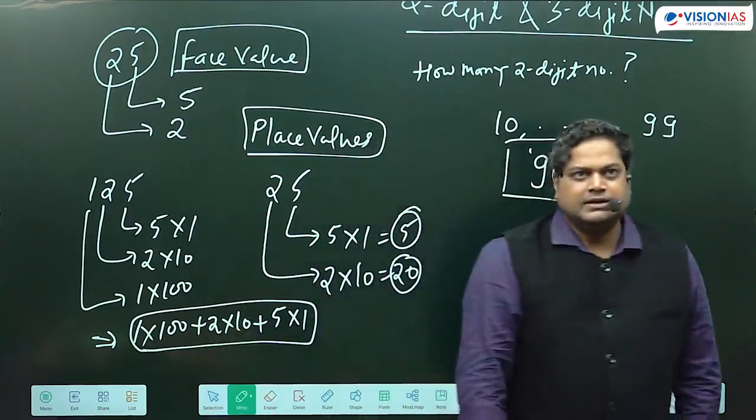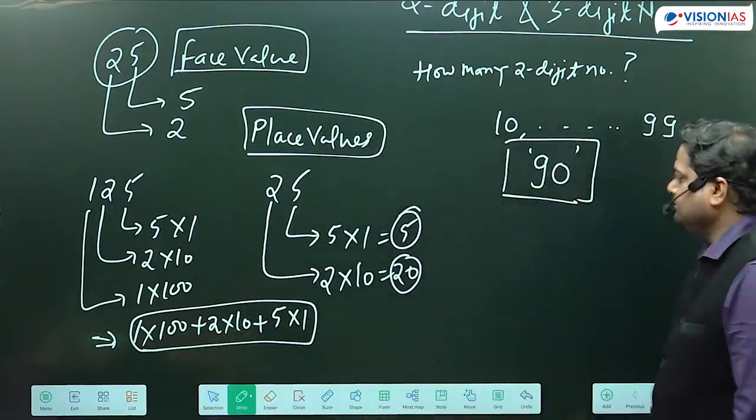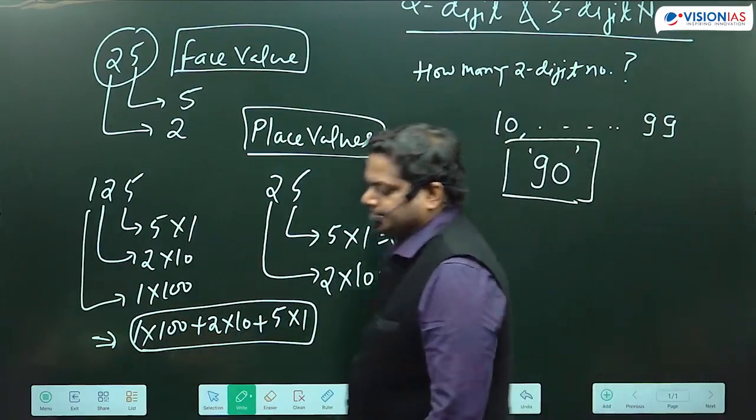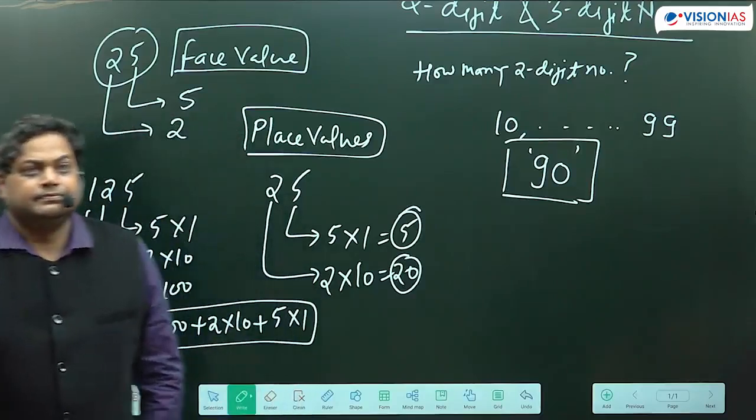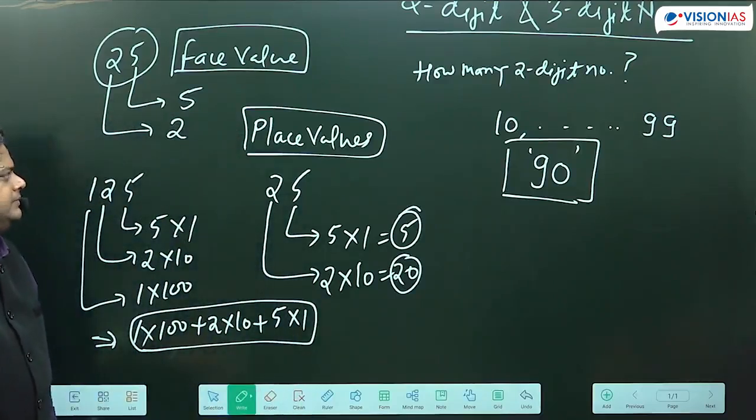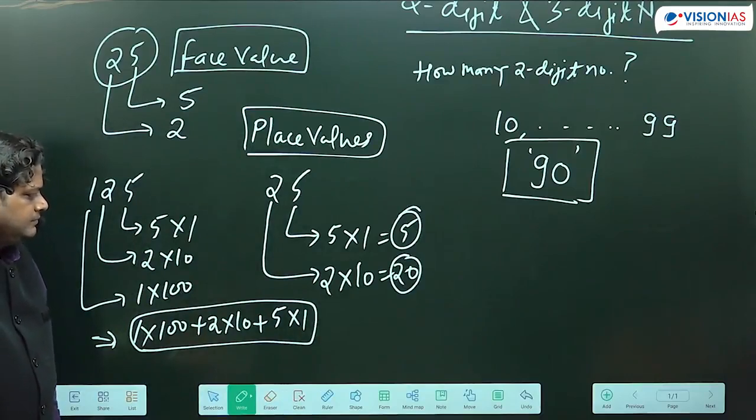This way we write numbers in terms of place values. ठीक है.